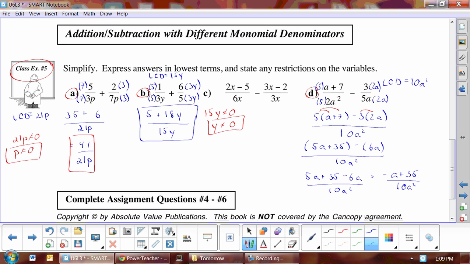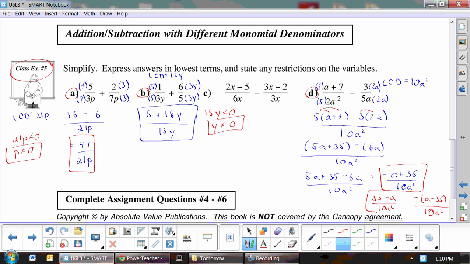Okay, so for this one, I'd actually accept the answer written 3 different ways. I'd take this, I would also take 35 minus a over 10a squared. And I would take, if you take that negative sign out, a minus 35. So there's 3 different ways you can write the answer.